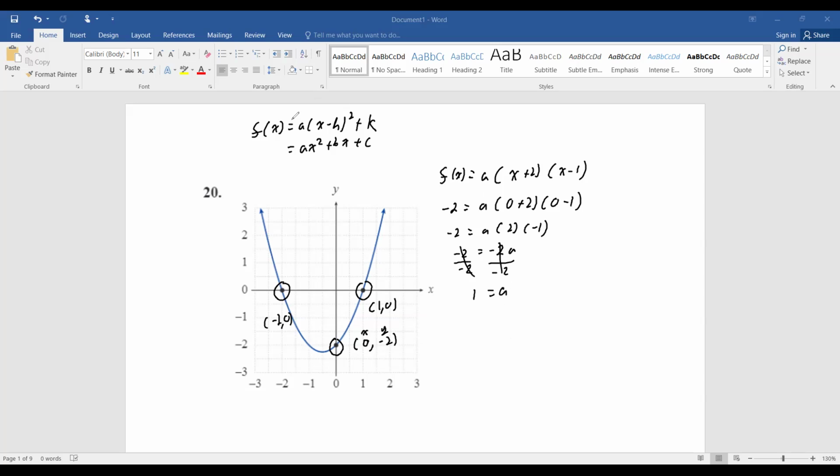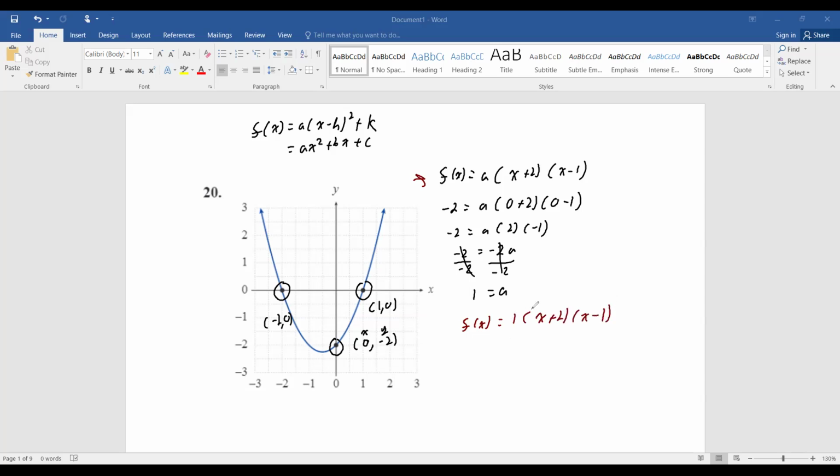So when I'm building this equation, I now have an a value. When I back substitute into this equation, I get f of x equals 1 times x plus 2 times x minus 1.